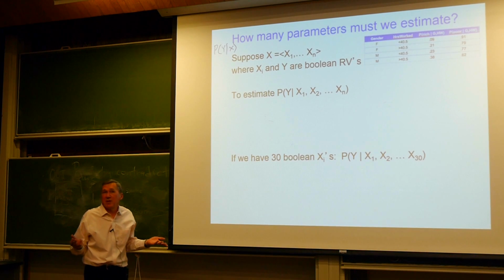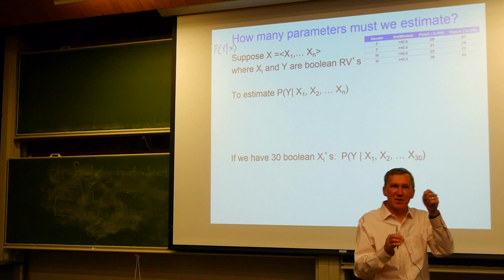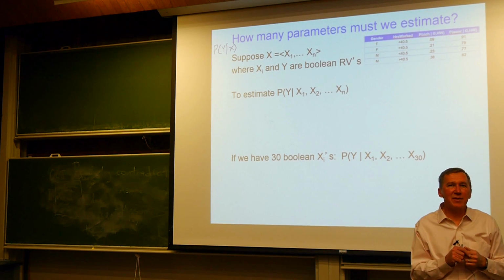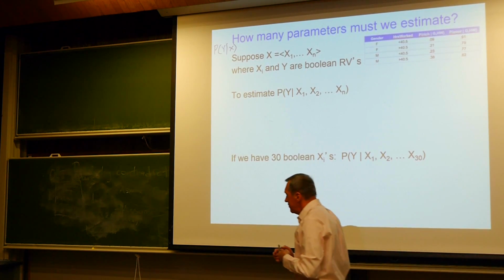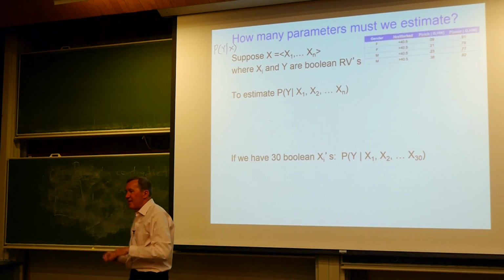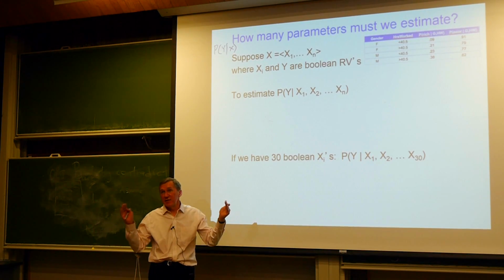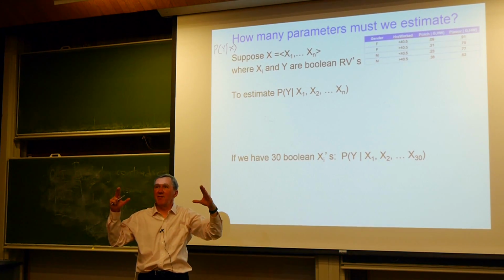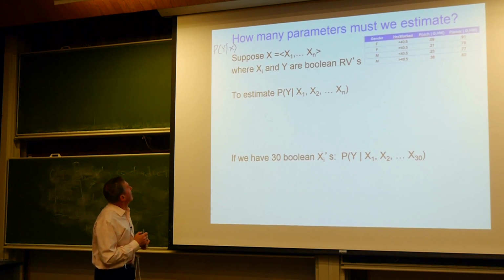So random variables can be pretty much anything. They don't have to be just Boolean 1, 0 values. You can have random variables that are real numbers, like the temperature. You can have random variables that are vectors, and then of course the value of that vector valued random variable is a vector of values.